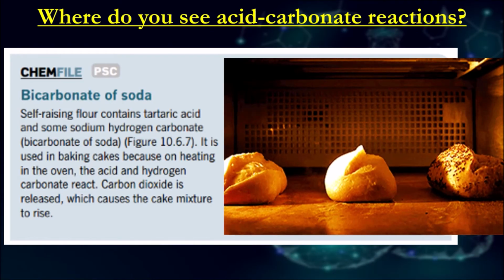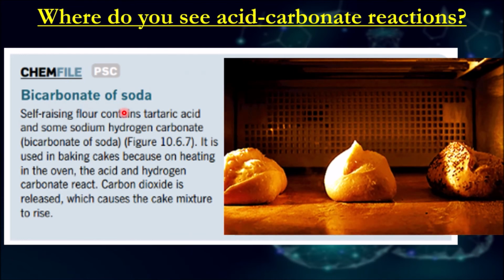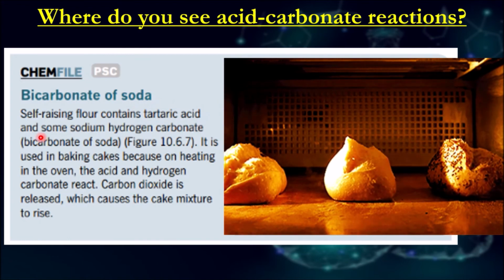So, an application of acid carbonate reactions is using baking soda when producing bread. In self-raising flour, we have an acid called tartaric acid, and also some sodium hydrogen carbonate, which is baking soda.